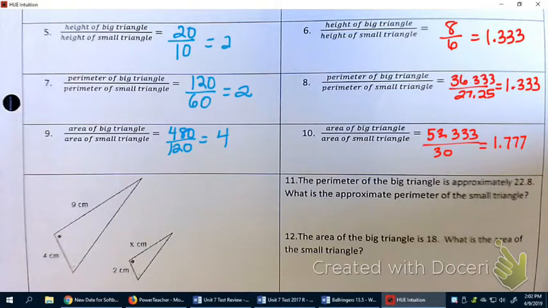Okay? So the side I know this is 4 and I know this is 2. Okay? So I know that 4 over 2 is a thing. I also know that the relationship between the sides and the perimeter is the same. So the perimeter of the big triangle, we already know, is 22.8. And if I want to find the perimeter of the small triangle, I can make the relationship just like this.